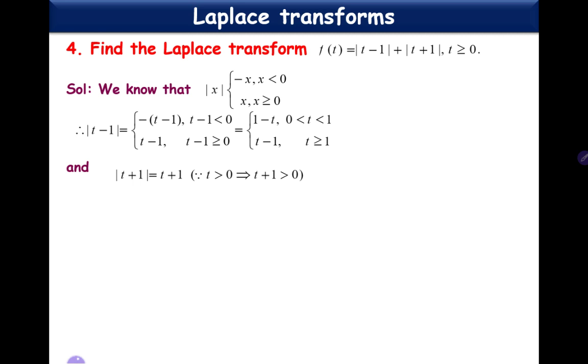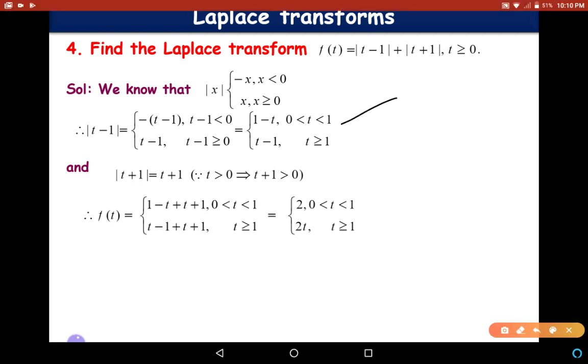Now let us substitute mod t minus 1 and mod t plus 1 in this f of t. Then in the interval 0 to 1, f of t becomes mod t minus 1, which is 1 minus t, plus mod t plus 1, which is always t plus 1. Therefore, t gets cancelled and we get 2 in the interval 0 to 1.